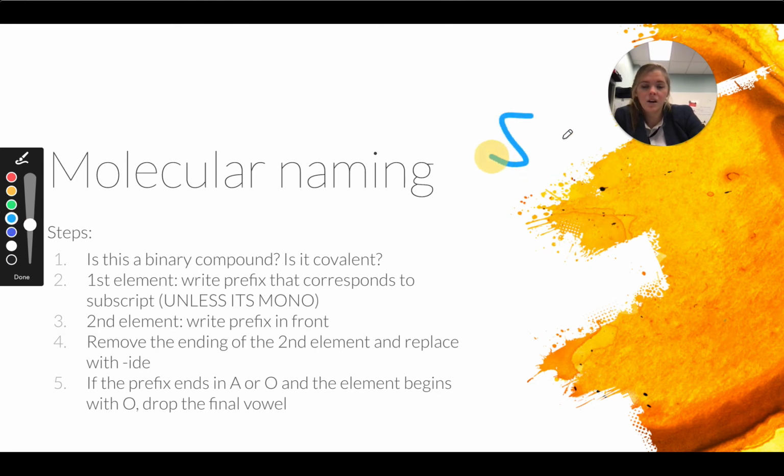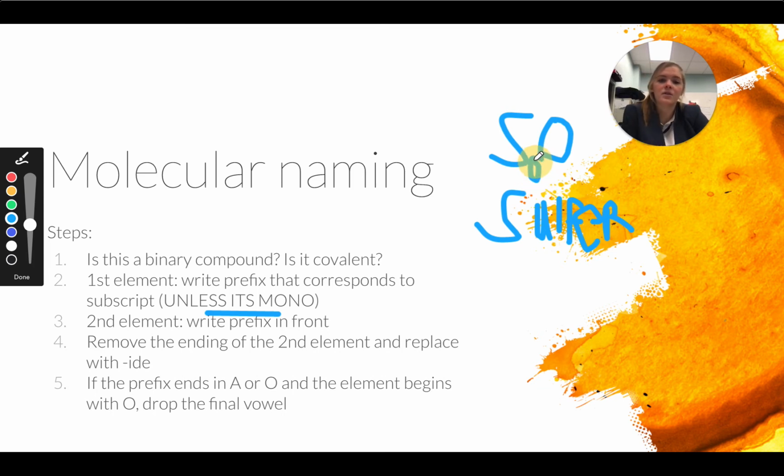In SO, our first element is sulfur, so we would just write sulfur, because notice it says unless it's mono. So we're not going to be giving the prefix for sulfur because there's only one sulfur, which is denoted right here because there's nothing here. We can imply that it's a 1. So the second element, we are going to write the prefix in front of it no matter what. So this would be sulfur monoxide.